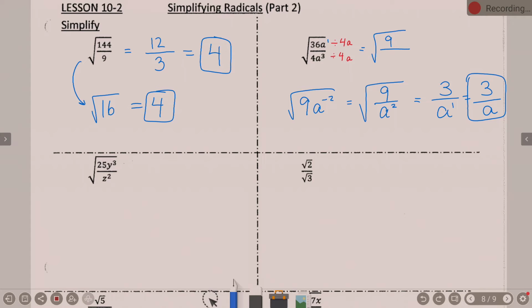A cubed divided by a is a squared, and isn't that where we ended up? So I just showed that because it might be important for a different problem. Might you always be able to go this way? You might. I'm not 100% sure there.